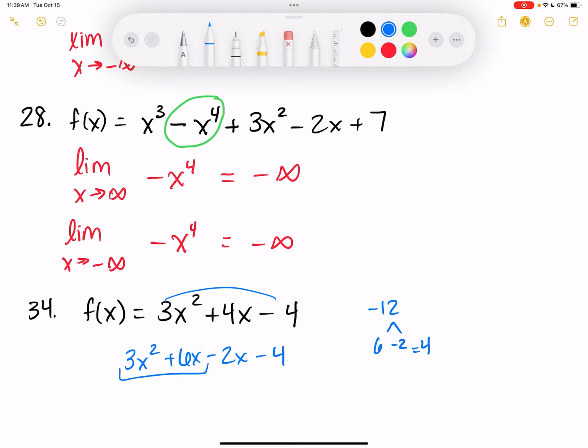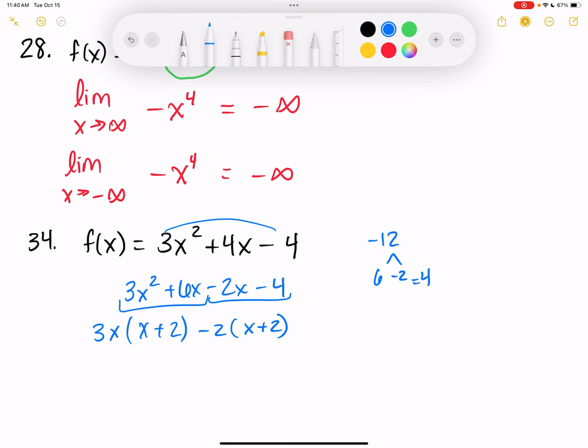Factor by grouping. Take out a 3x, I'm left with x plus 2. Take out a negative 2, I'm left with x plus 2. So my factors then are 3x minus 2 and x plus 2.